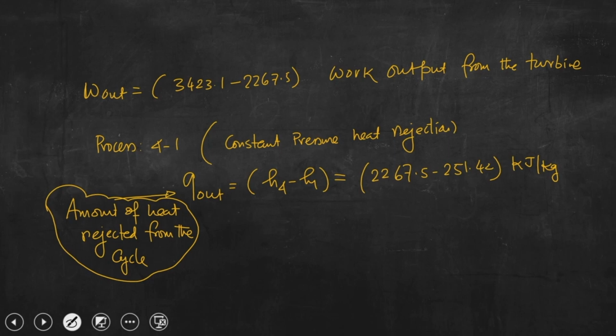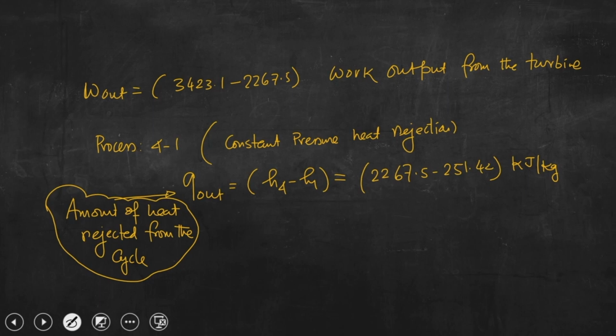That is the rate at which heat must be rejected. Everything we have calculated is per unit kg of working substance, whether it is steam or water.